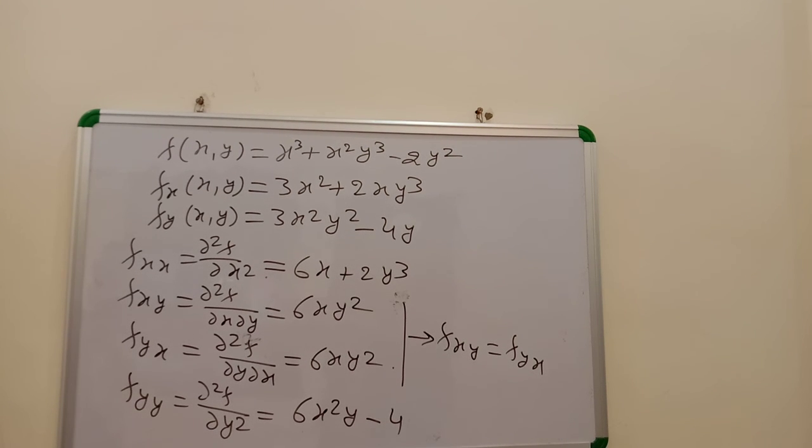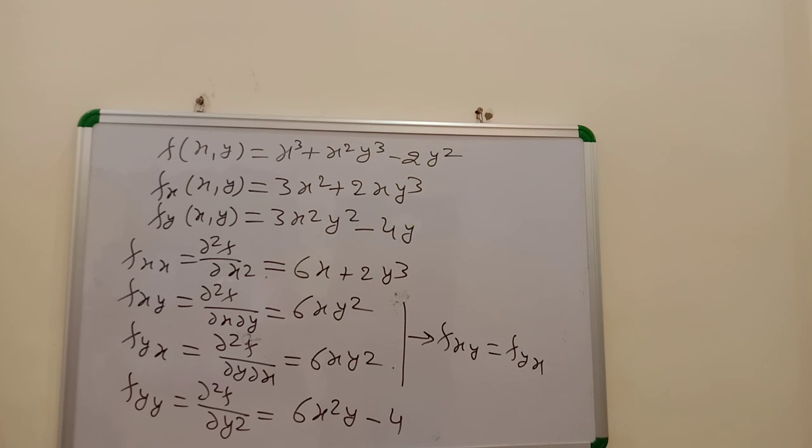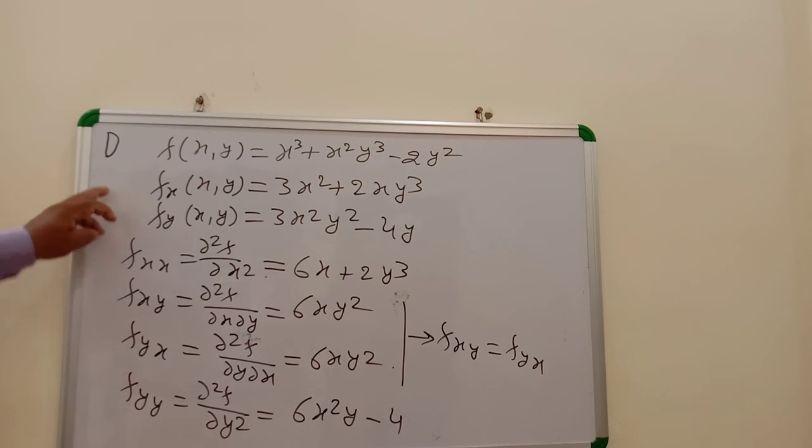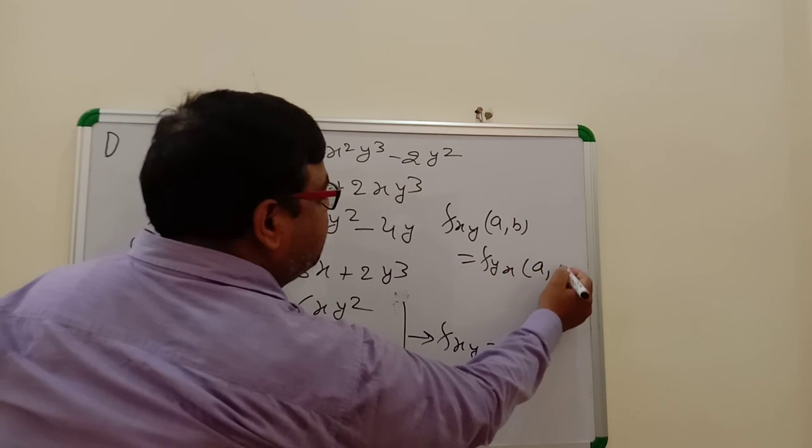Hence, if the order is reversed, we find the same value, and this is given by Clairaut's theorem, which states that if f is defined on a disk D that contains a point (a,b), and the functions fxy and fyx are both continuous on D, then fxy(a,b) equals fyx(a,b).